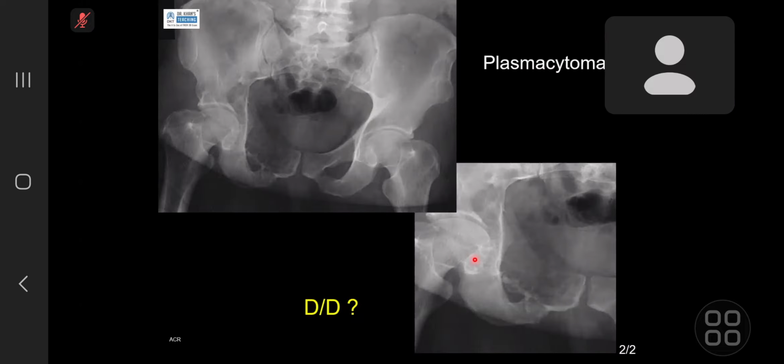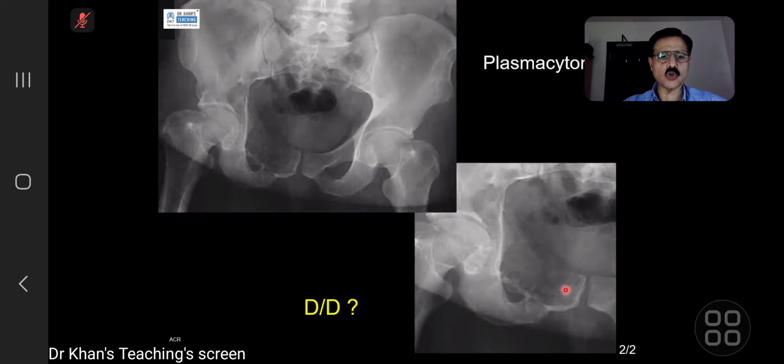Well done. Now, if you see here, this is a classical soap bubble lesion. And this is the fine touch in the exam, where you see a soap bubble lesion. Now, the soap bubble means that there are multiple internal trabeculation, as if there are multiple cysts inside the lesion. It is causing expansion.